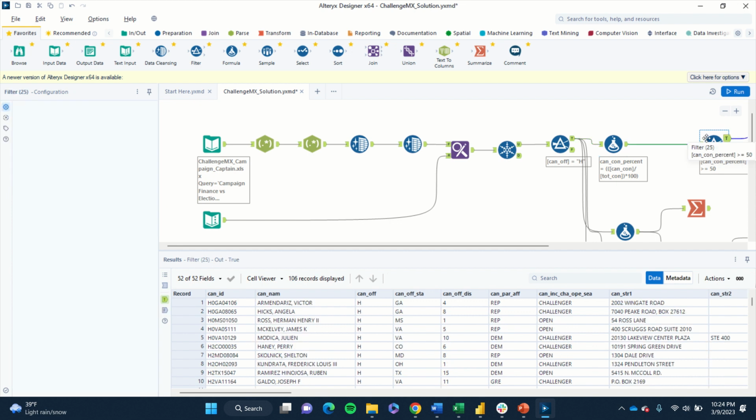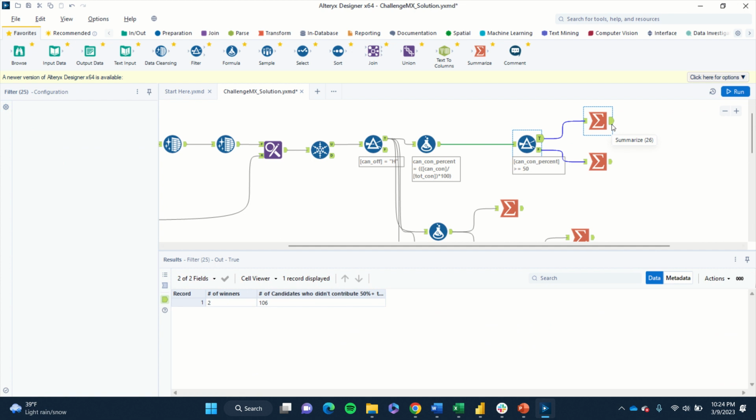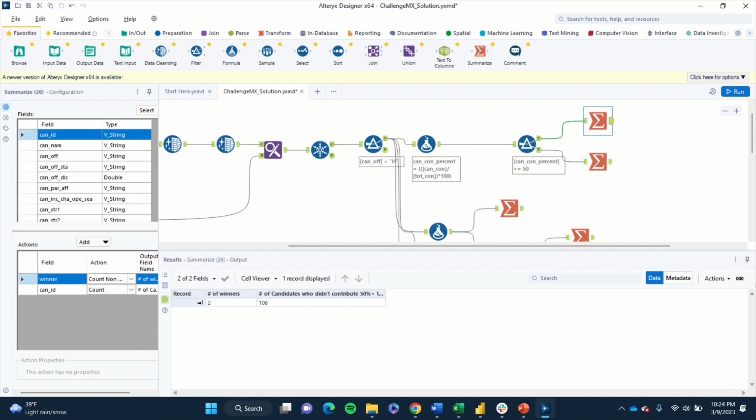We determined that over 50% is significant. Using these summarize tools, we see that 106 candidates who ran for the House of Representatives had total contributions comprised of more than 50% of their own funds. Of those 106, only two won.